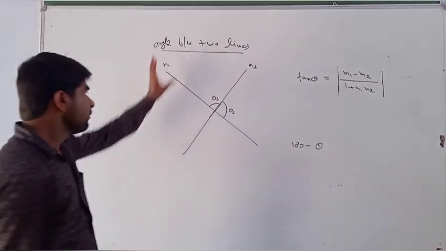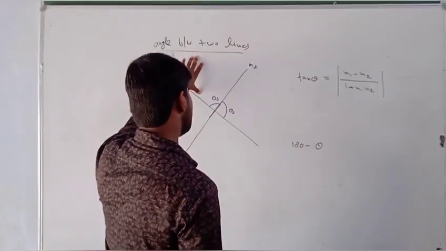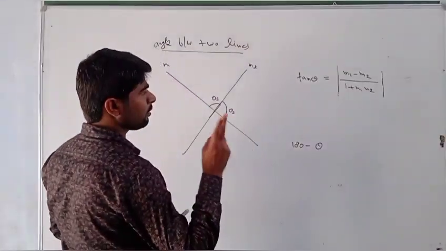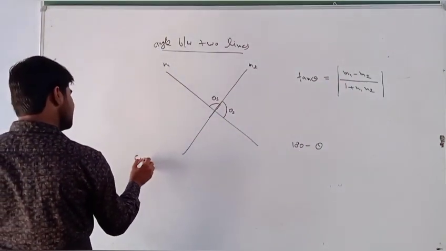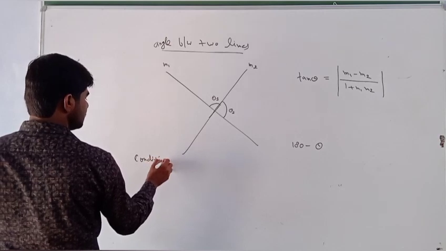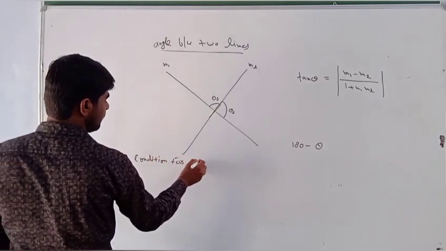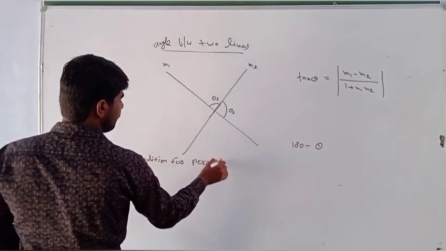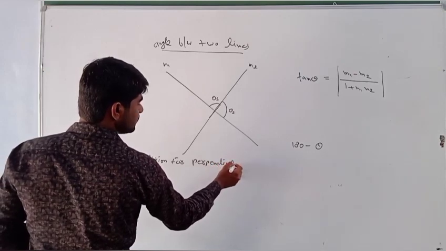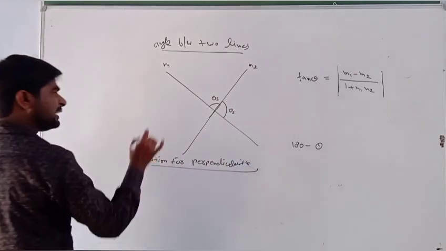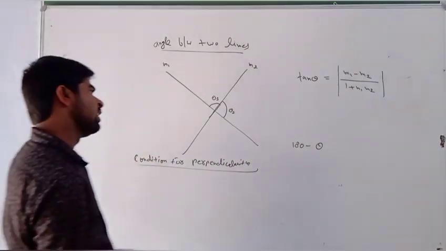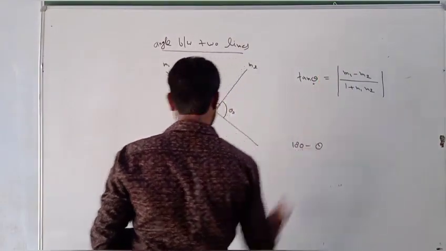So from here we will conclude two most important things. One is the condition for perpendicularity. If two lines are perpendicular, it means this theta will be 90.